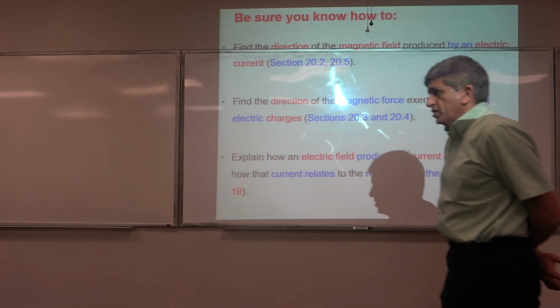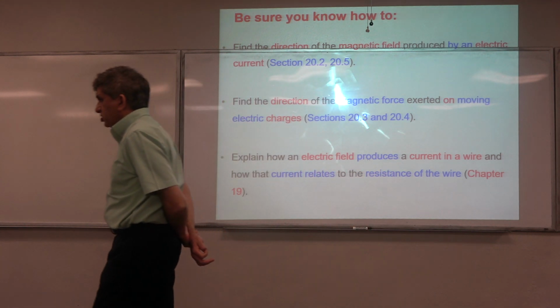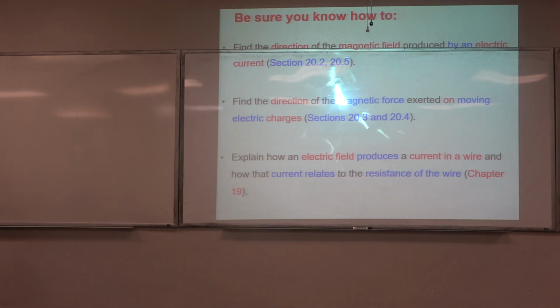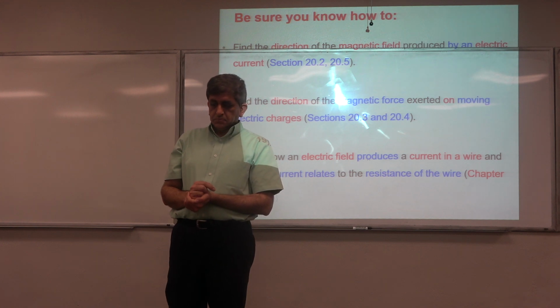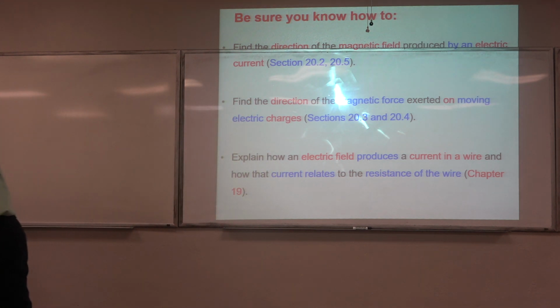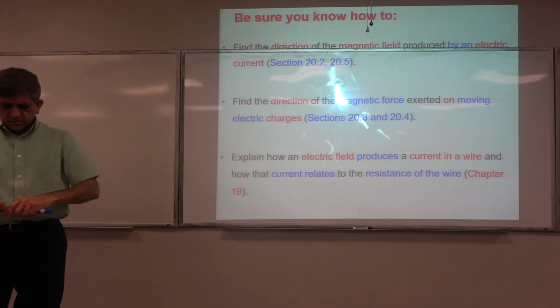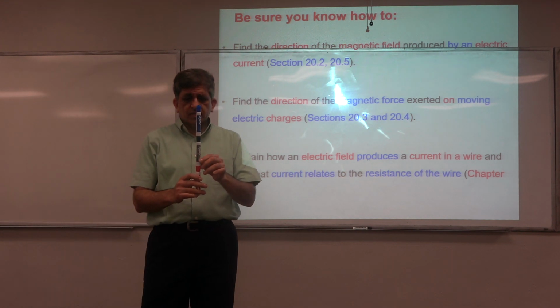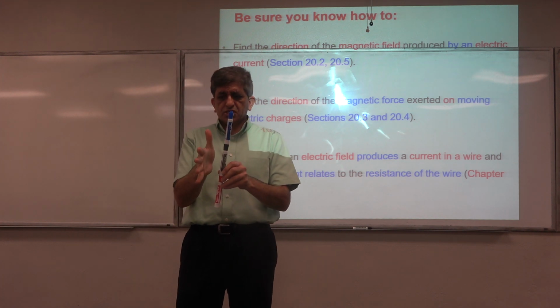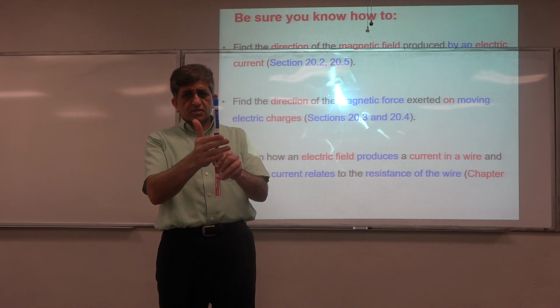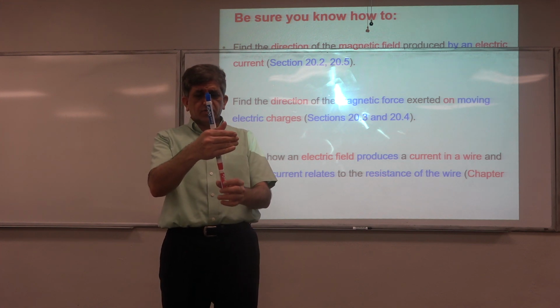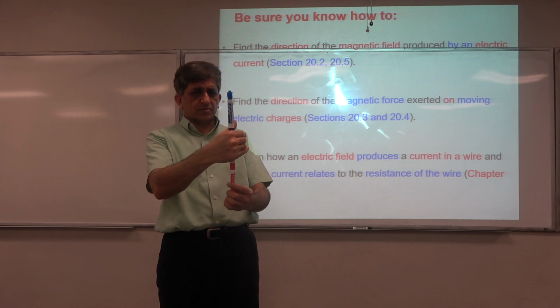So in the case of electromagnetic induction, there are a few things we want to make sure we know about: the direction of the magnetic field produced by an electric current. Recall the current carrying wire: I grasp the wire in such a way that the thumb points in the direction of the current, and my fingers curled around the wire tell me the direction of the magnetic field around it.